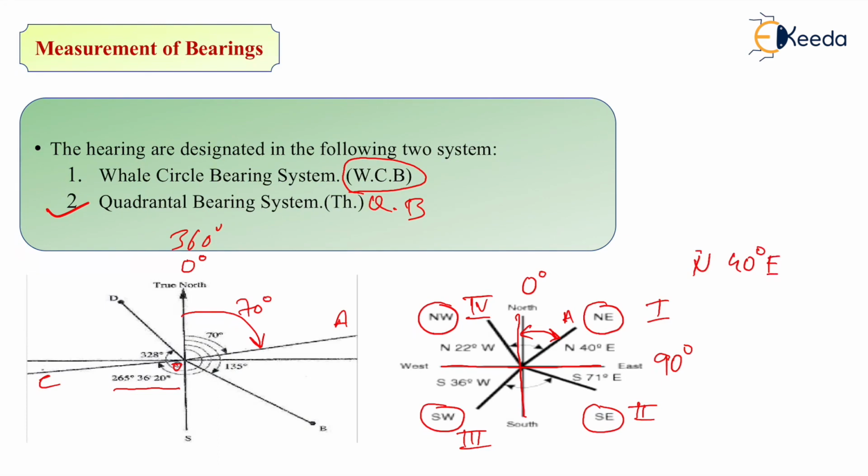Means we are calculating line or bearing with respect to north towards east 40 degree. Same if it is in fourth quadrant and we are calculating the bearing towards west, so we will write north 40 degree west. So we have to focus on quadrants over here in quadrantal bearing.